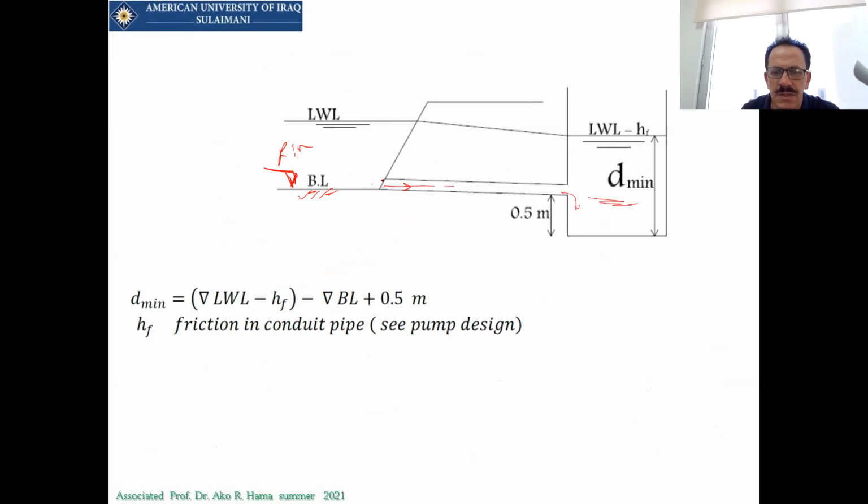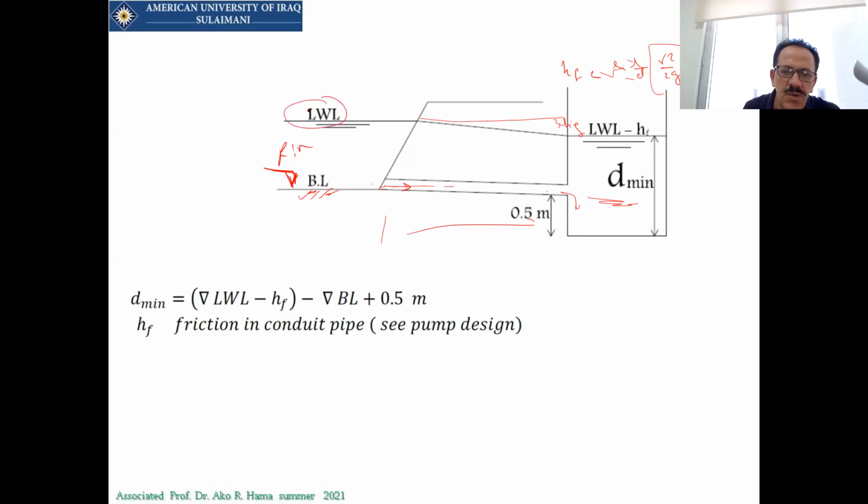When it's coming from this pipe, it will lose some energy. What is that energy? It's HF, and you know from fluid mechanics that HF is L over D times V square over 2G, and it will depend on the length of the pipe, the diameter of the pipe, and the friction factor of the pipes to get that HF.